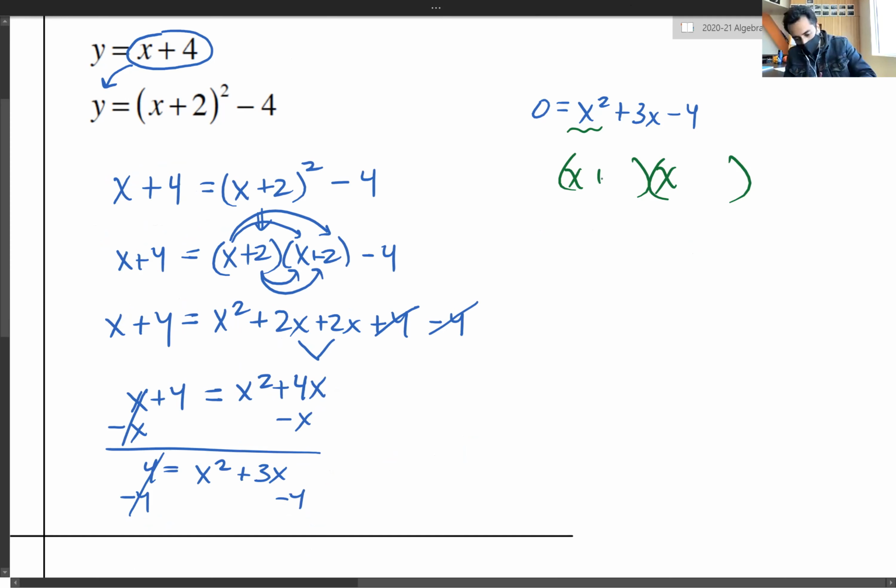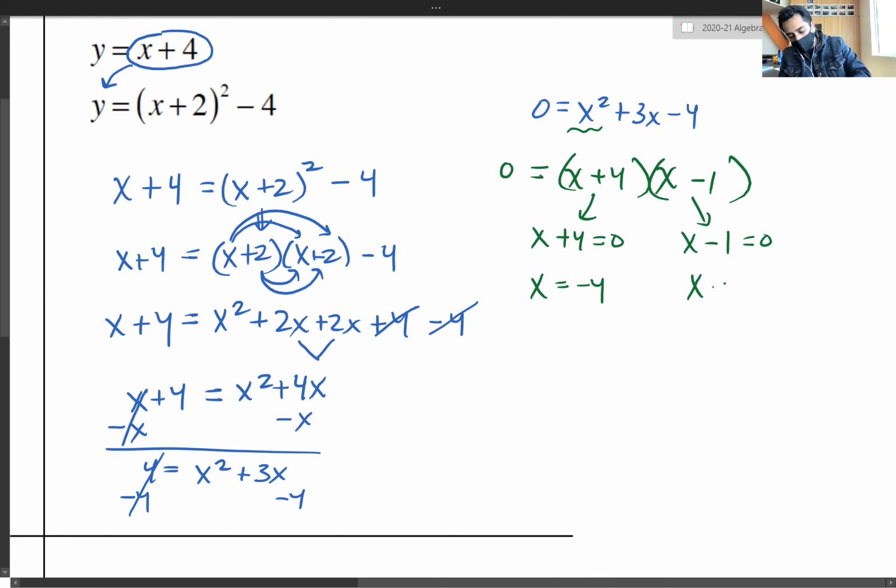Okay, yeah. (x plus 4)(x minus 1) equals 0. Okay, so then we want to solve for x. So x plus 4 is equal to 0, right? This is where we split. And x minus 1 is equal to 0. So it looks like we're going to have two solutions for x. X is equal to negative 4. X is equal to positive 1.